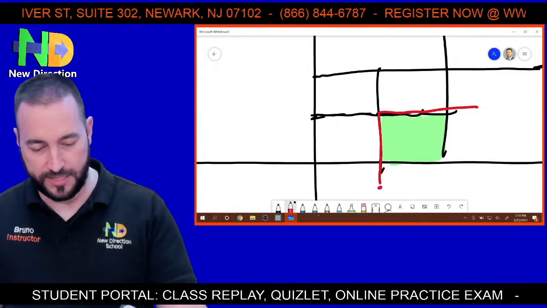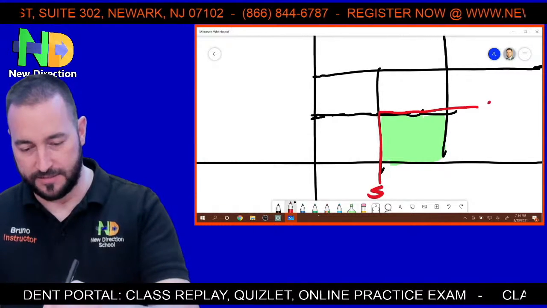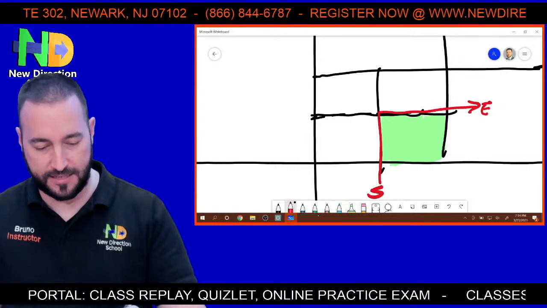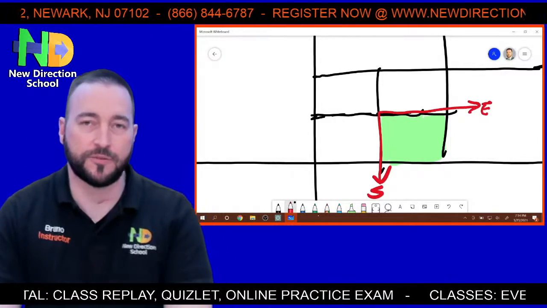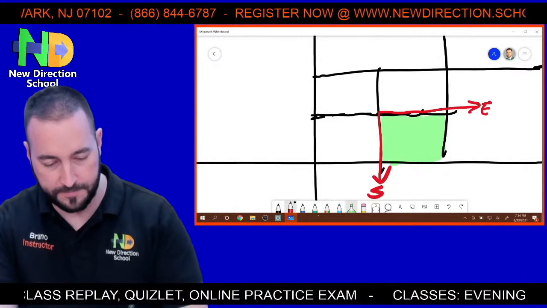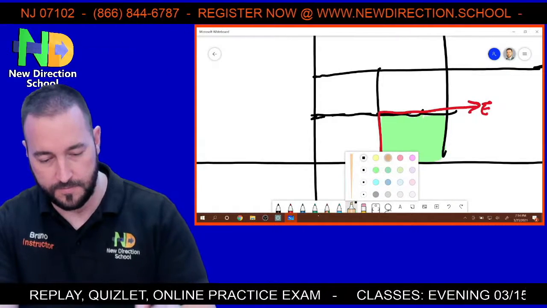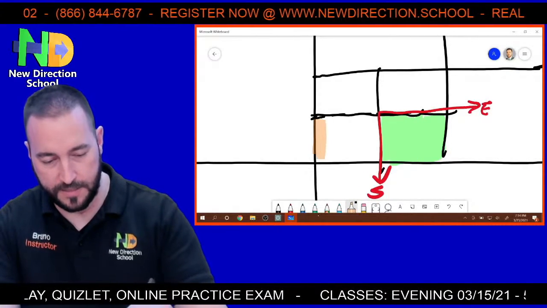So we start by looking at south, east, because anything pointing this way is east, anything pointing this way is south, right? This quarter is located right here.